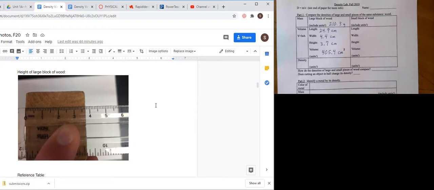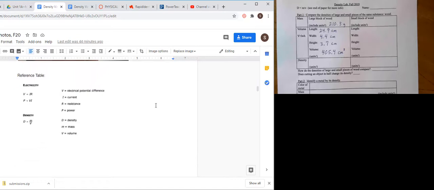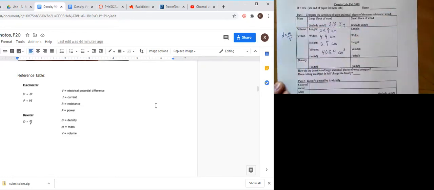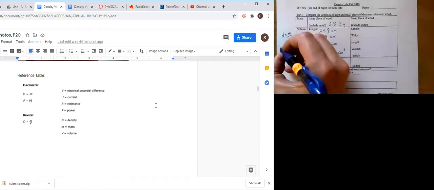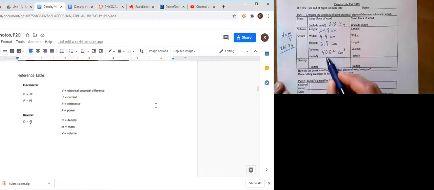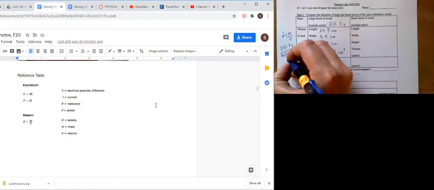Now it's time to find the density of this block of wood. The density formula is on page 2 of your reference table. Here it is. The density is the mass divided by the volume. So density equals mass divided by volume. The mass of the wood was 210.3 grams, and the volume of the wood was 405.4 cubic centimeters.